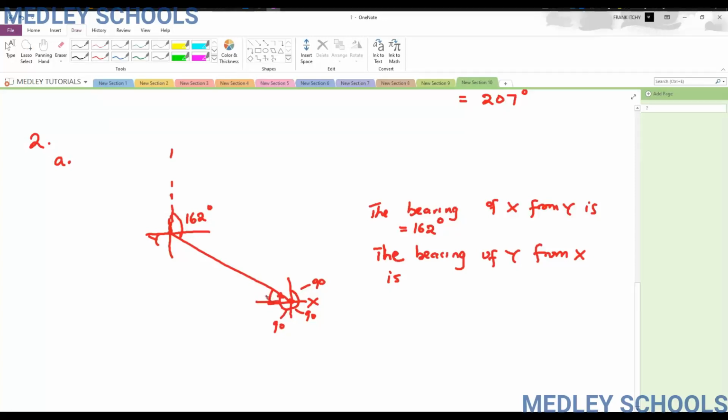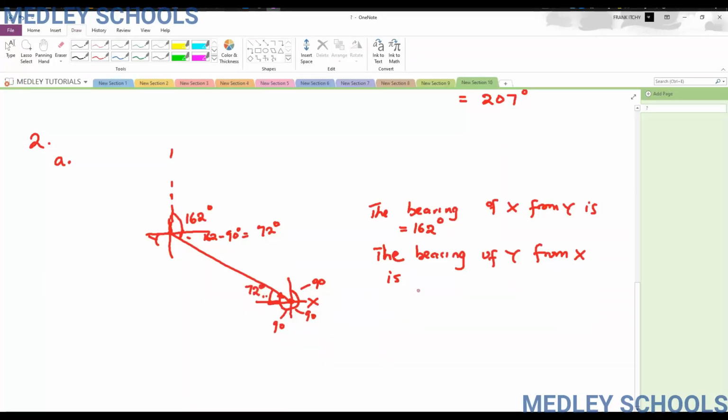Now remember, from here to here and this, they are alternate angles. You can know this by subtracting 90 from 162, because from here to here is 90. So this is 162 minus 90 degrees, which is equal to 72. So if this place is 72, this place is also 72 degrees.